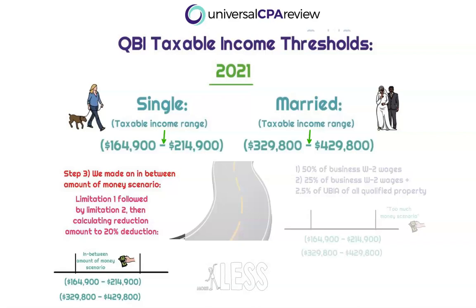But it wouldn't make sense to limit this again if they didn't make even more money than had they exceeded this upper range threshold. So we're not necessarily going to limit this or bring this down even further. But we are going to use the difference between the limitation assuming scenario 1 and the limitation assuming scenario 2. So that's why it's important that we calculate these before calculating the deduction under this third scenario.